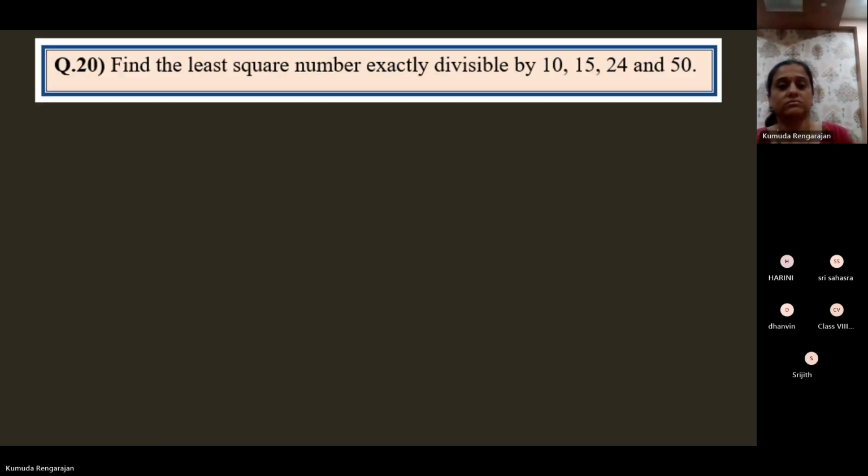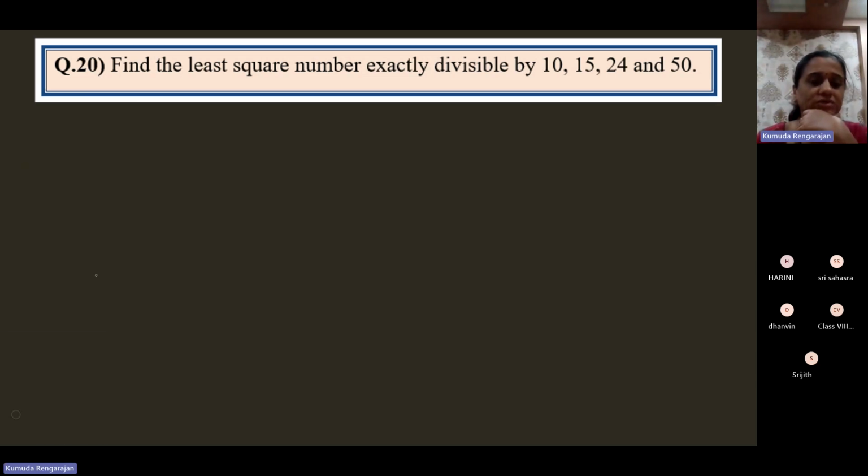And next one. Work this. Find the least square number exactly divisible by 10, 15, 24, and 50. All of you find the LCM of 10, 15, 24, and 50.